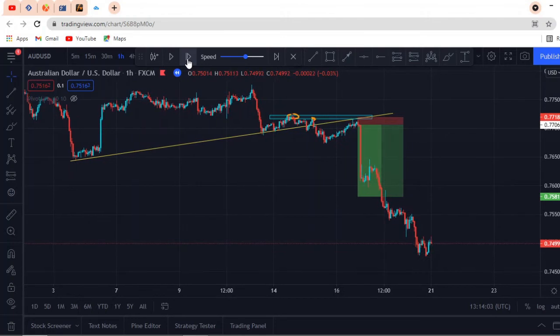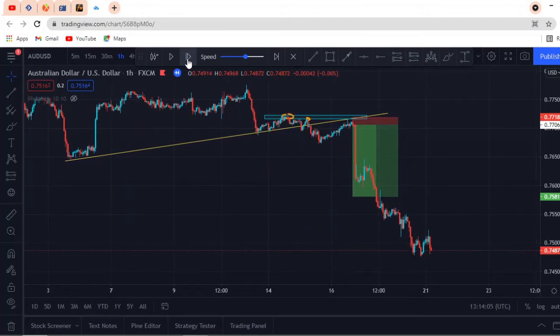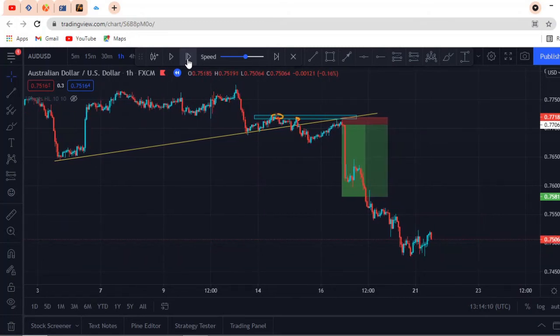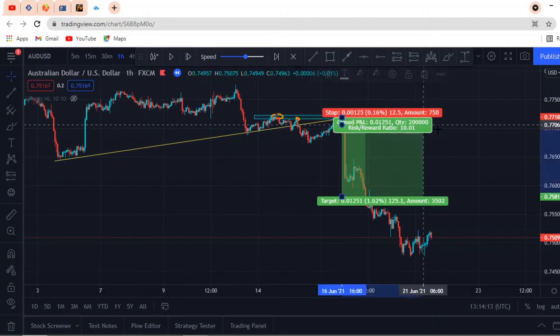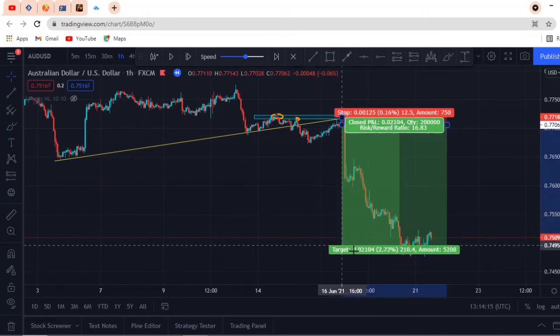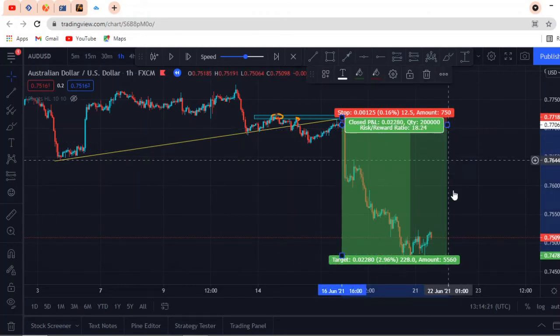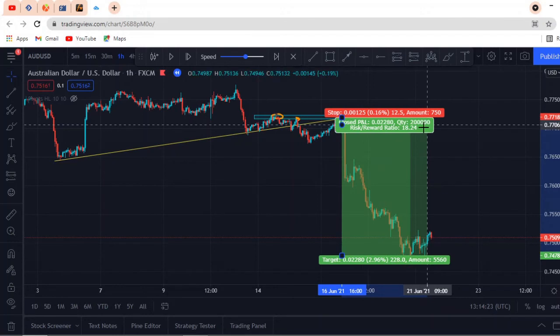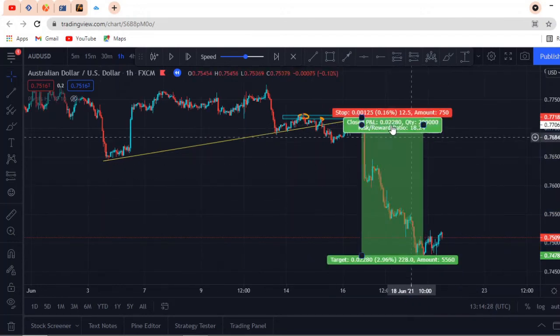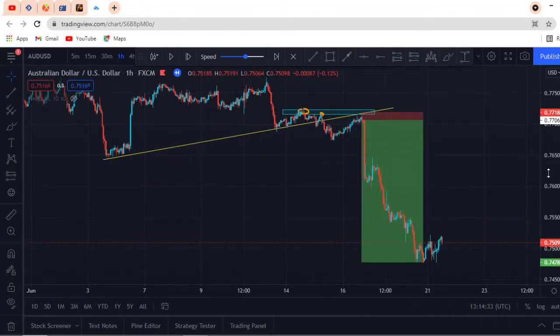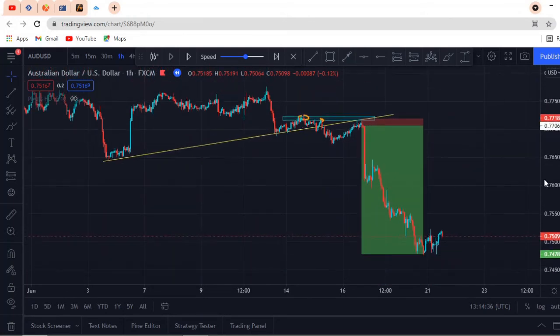So what is the RR there? 18.24, right? So this is risking 1% to make 18%. These are very big moves.